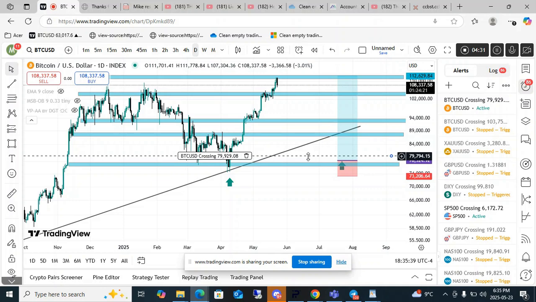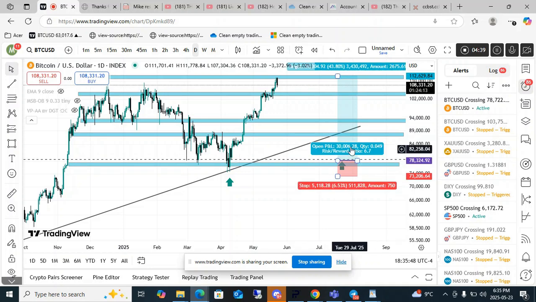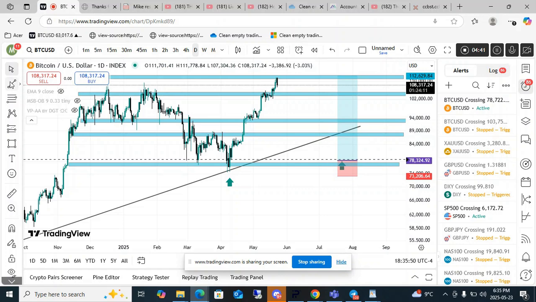So anytime BTC comes down here, then I'm gonna buy BTC from here. There is a break of structure here.